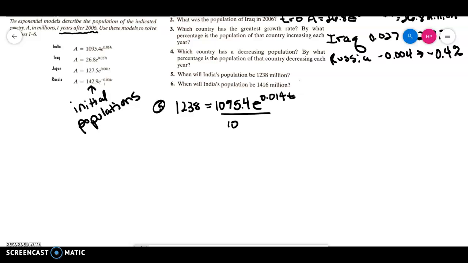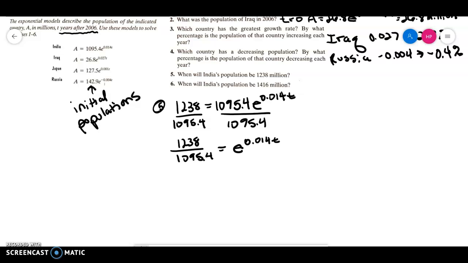I have to get that e isolated, so I have to divide both sides by 1,095.4. I'm going to hold off putting this decimal in my calculator so that I don't have a bunch of round off error. And so I'm just going to leave 1,238 divided by 1095.4 and say that that is equal to e to the 0.014t.